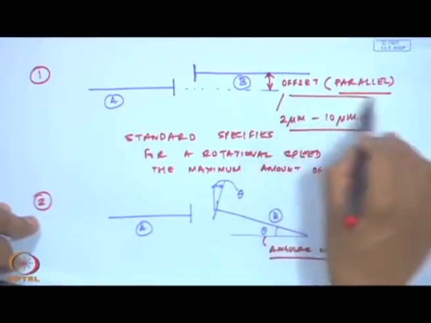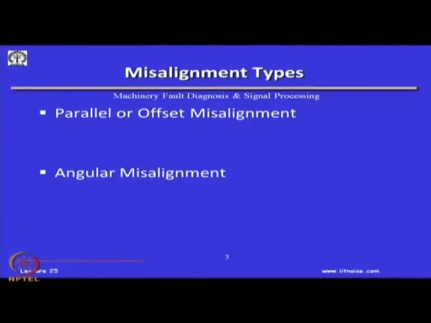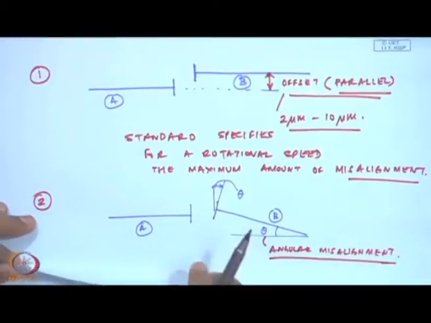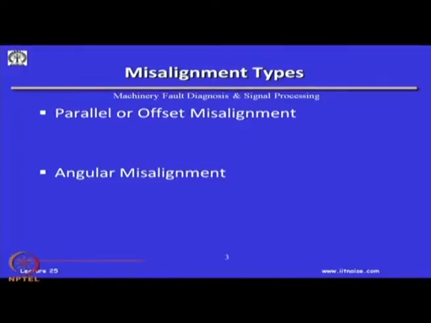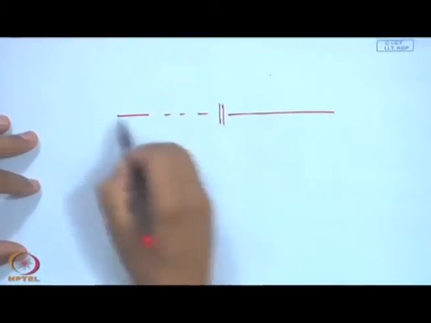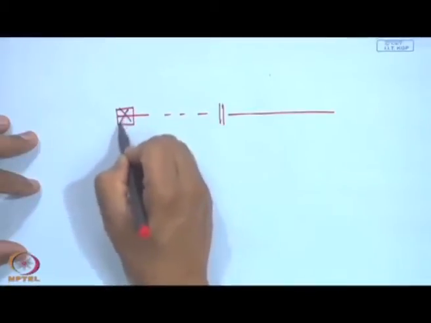So we have the parallel or offset misalignment and the angular misalignment. What happens in such a case is that this will give rise to certain forces in the bearings, because as you know, the shaft systems are supported on bearings.